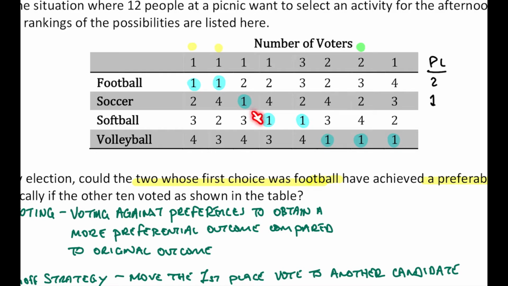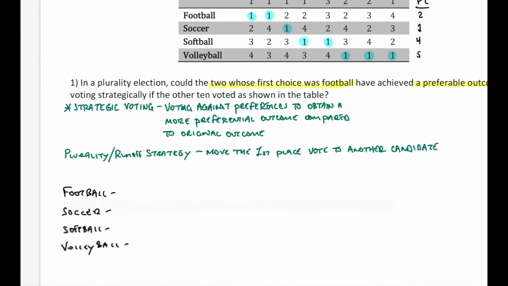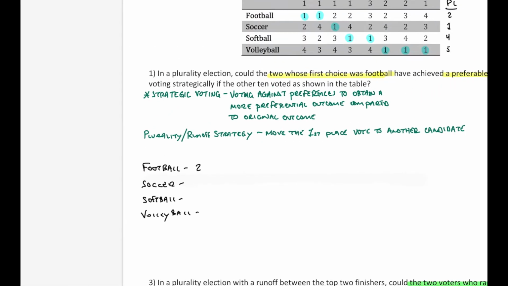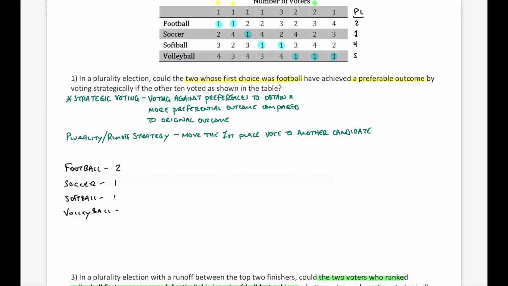Softball is going to receive 1 vote plus 3 votes for a total of 4. And volleyball is going to receive 2 votes, another 2 votes for 4, and another vote, bringing them up to 5. So our outcome: football has 2, soccer has 1, softball has 4 votes, and volleyball has 5 votes. Our plurality winner right now is volleyball.